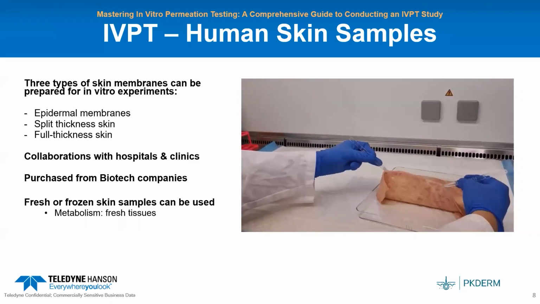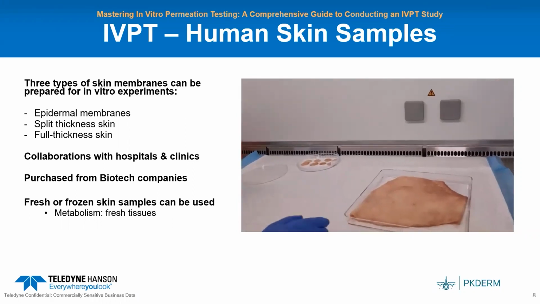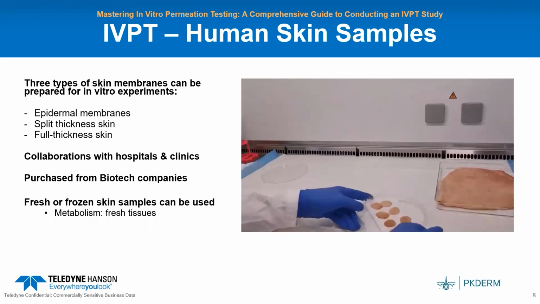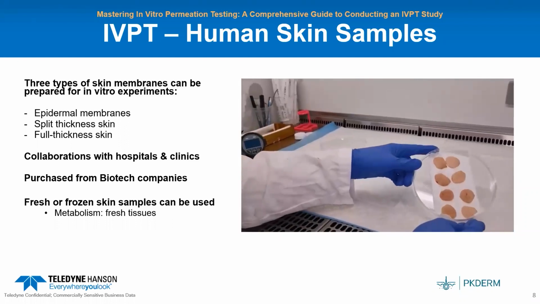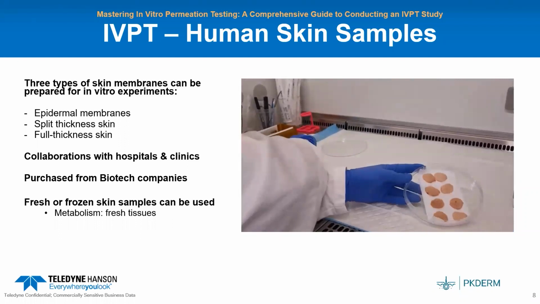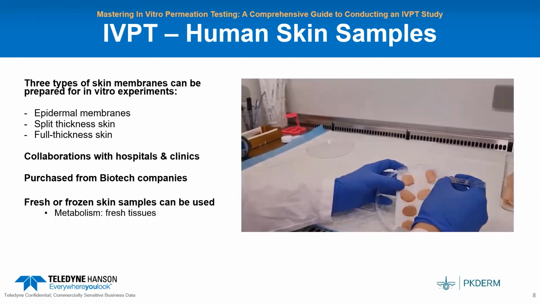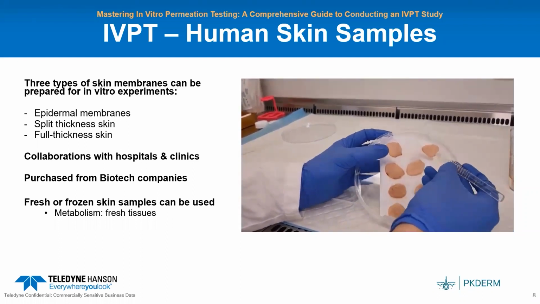You have to check carefully the skin samples to see if there is any damage or lesion on the skin that may affect the results. From skin sample, we prepare discs of about 3 or 4 centimeters of diameter.